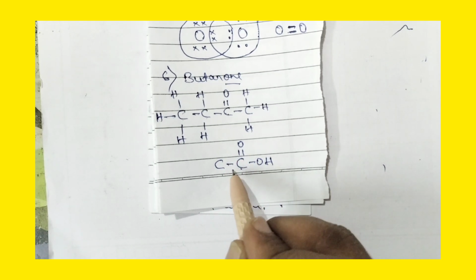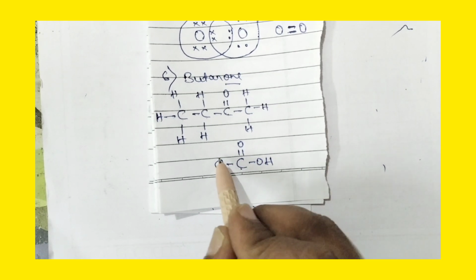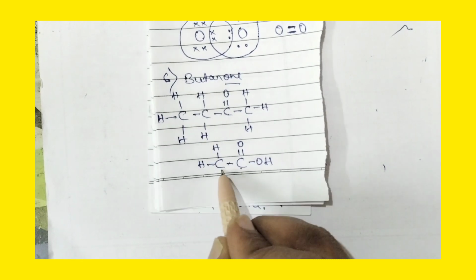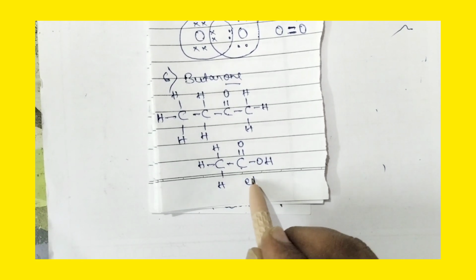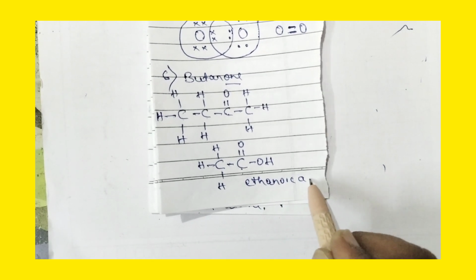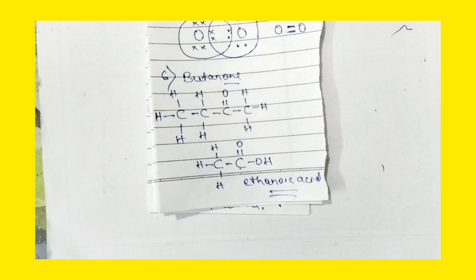So this becomes tetravalent. Next, this carbon gets 1, 2, 3 and 4, with three hydrogens. So this is the structural formula for ethanoic acid. Like this we have to write the structural formula for butanone and ethanoic acid.